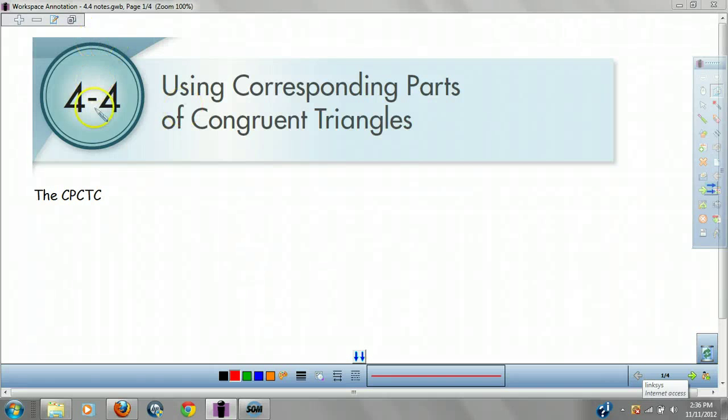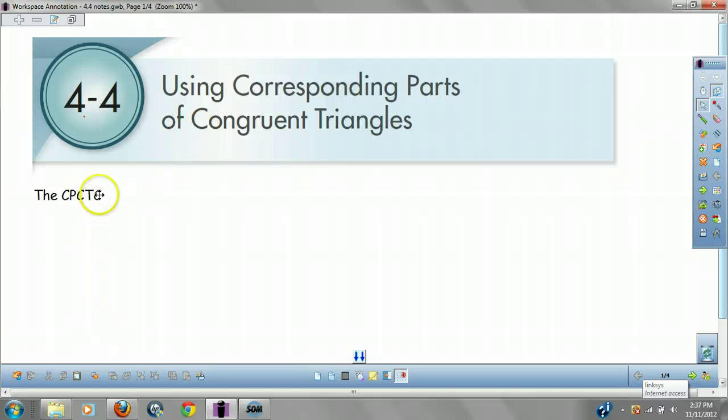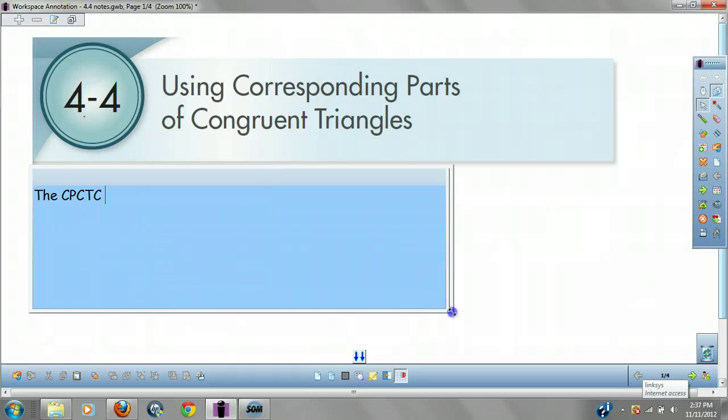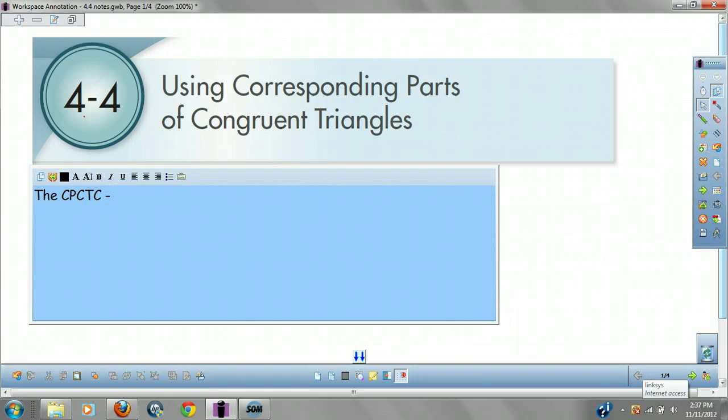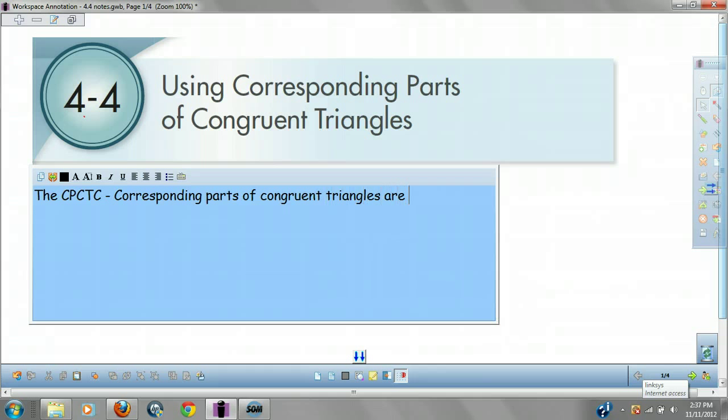Today we are talking about 4.4, using corresponding parts of congruent triangles. What's that mean? CPCTC stands for corresponding parts of congruent triangles are congruent. What's that mean?